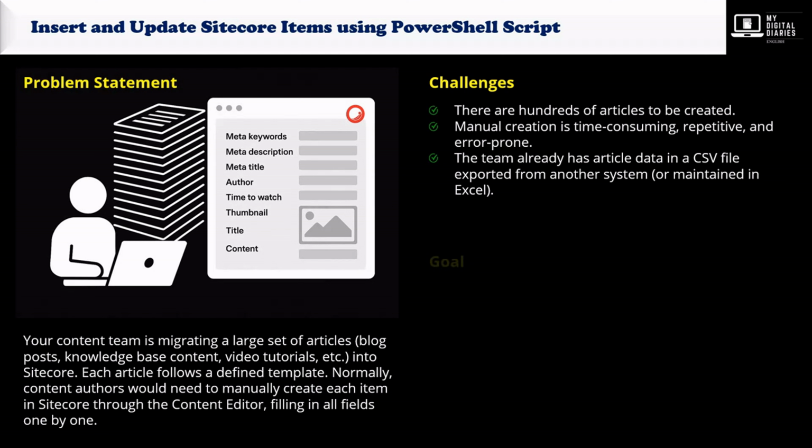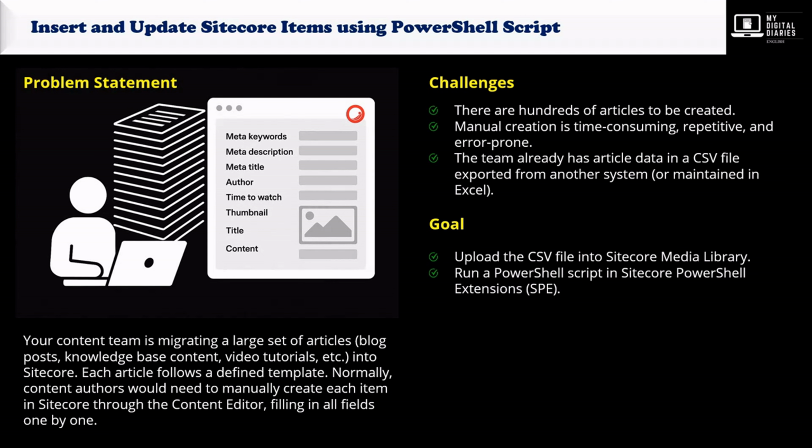So at the end, what is our goal? What we want here is a way to take the CSV, upload it once into the Sitecore media library and then run the PowerShell script using Sitecore PowerShell Extension.